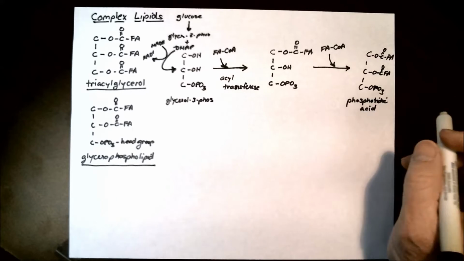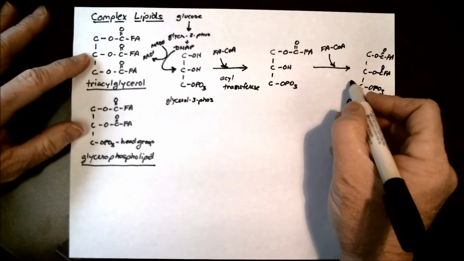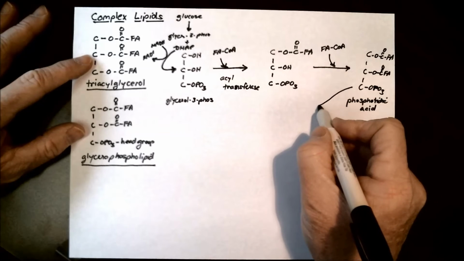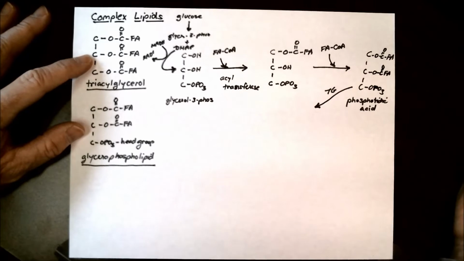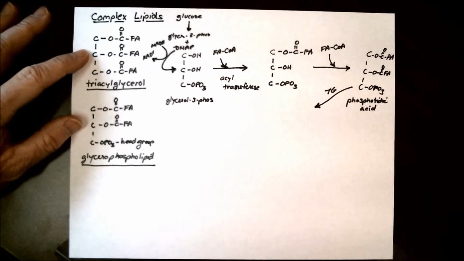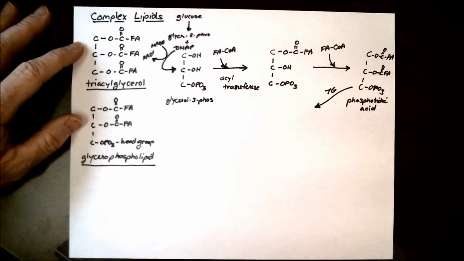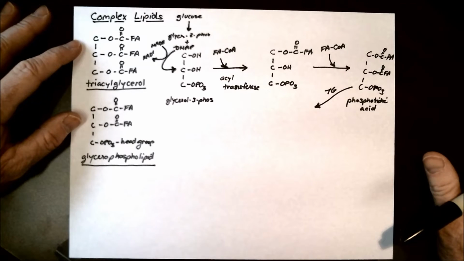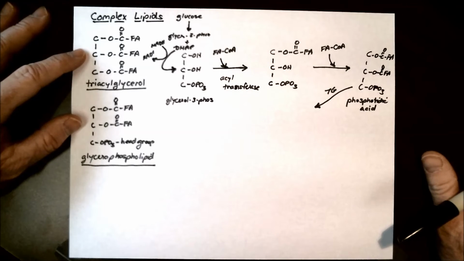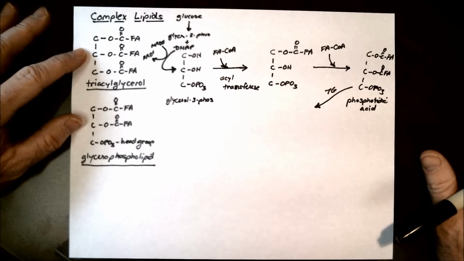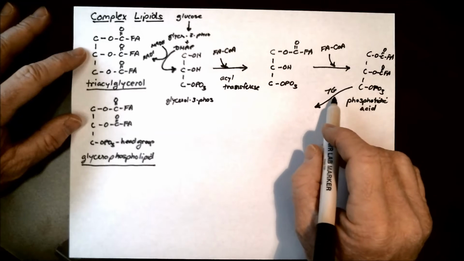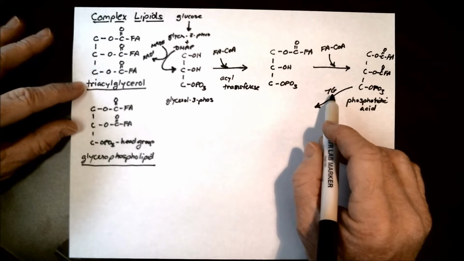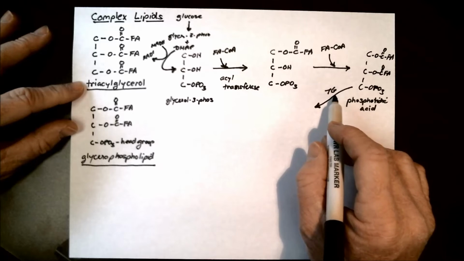This common precursor now has two different directions it can go. The first direction it can go is into triacylglycerol synthesis. Now, in triacylglycerol synthesis, remember, there's only a couple of organs that will be performing this reaction because they're the only ones that have the next series of enzymes to do this. Fatty acid synthesis occurs in the liver in the fed state, and triacylglycerol is the product of that.